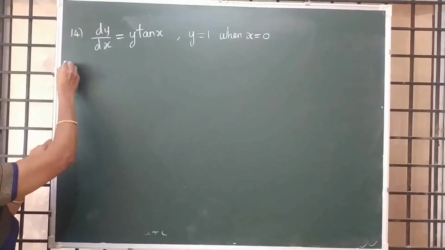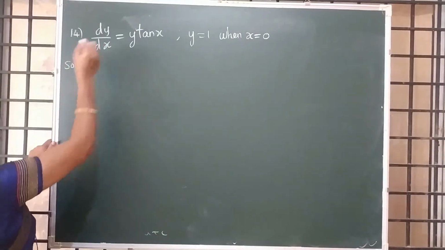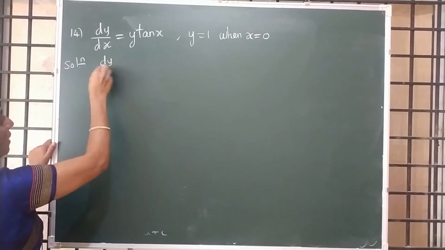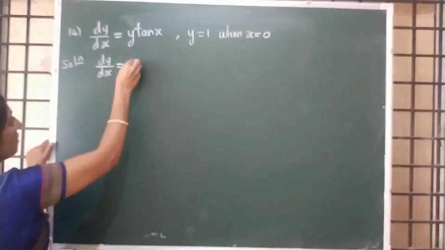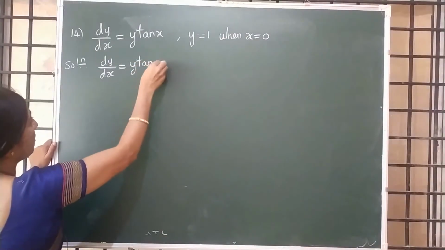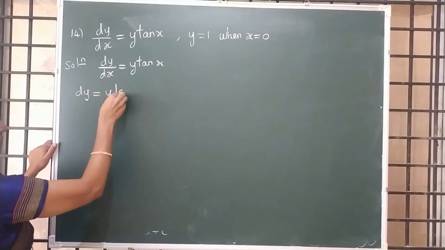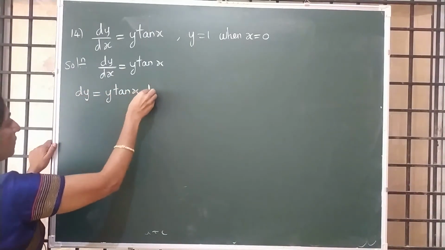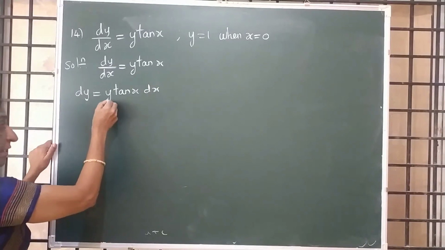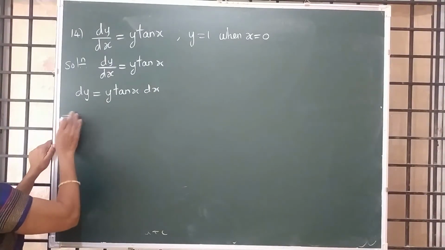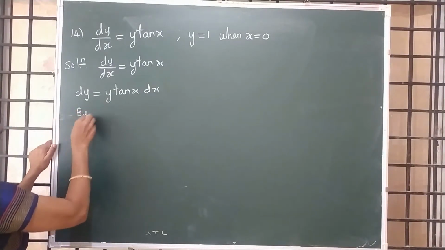Here in the solution, you know what we did first: we write the problem as it is. After writing the problem, just cross multiply. Then what is extra? Only y. Take y on this side, or you can write by separating the variables.